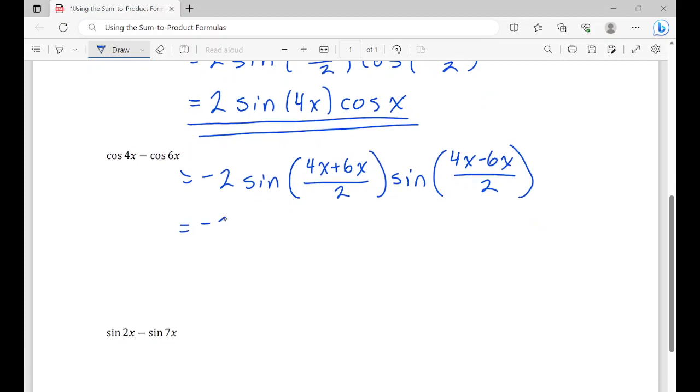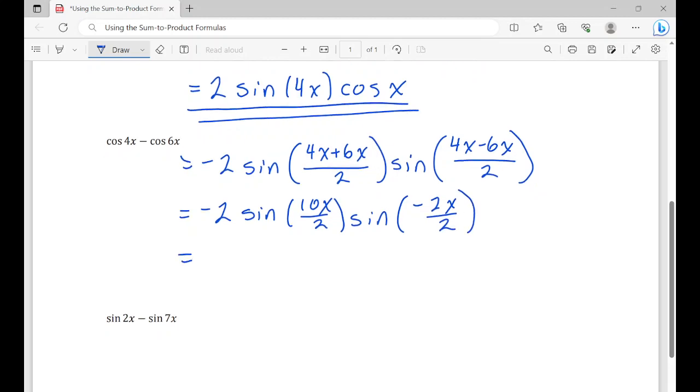So I'm going to have negative 2 sine of 4x plus 6x, which will be 10x over 2, sine of 4x minus 6x, which is negative 2x over 2. And I'm going to simplify it and know that because I have a negative in here, I can use the even-odd properties for sine and factor that negative out here.